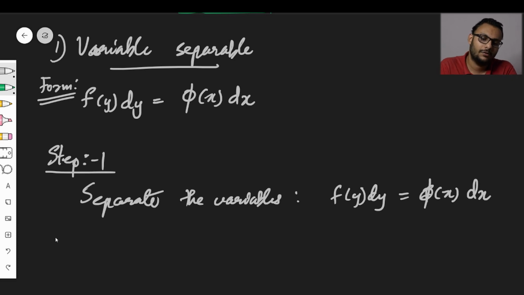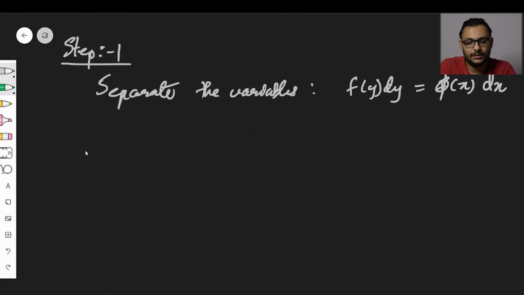Then what will be our second step? Obviously we can find that in this expression, on either side of the equal to sign, we have explicit functions of each kind. For example, in this particular case, the left hand side gives an explicit function of y only and the right hand side gives an explicit function of x only. So it is quite simple to solve this equation.